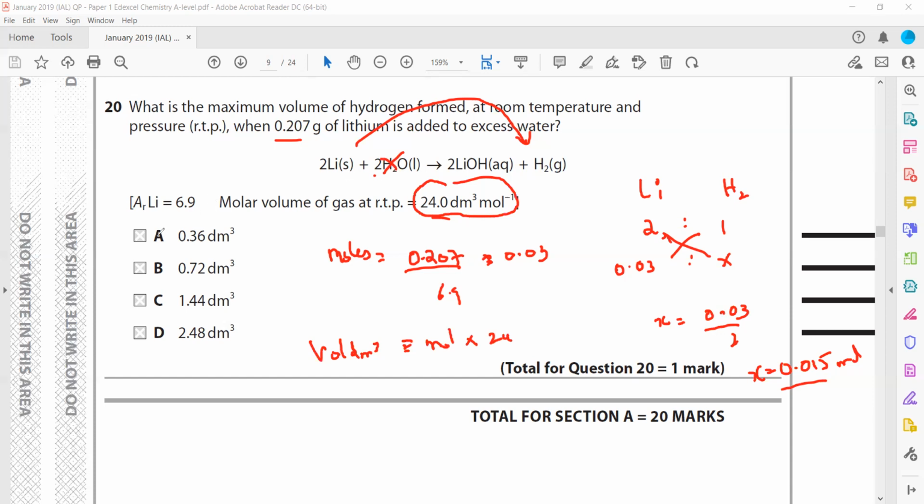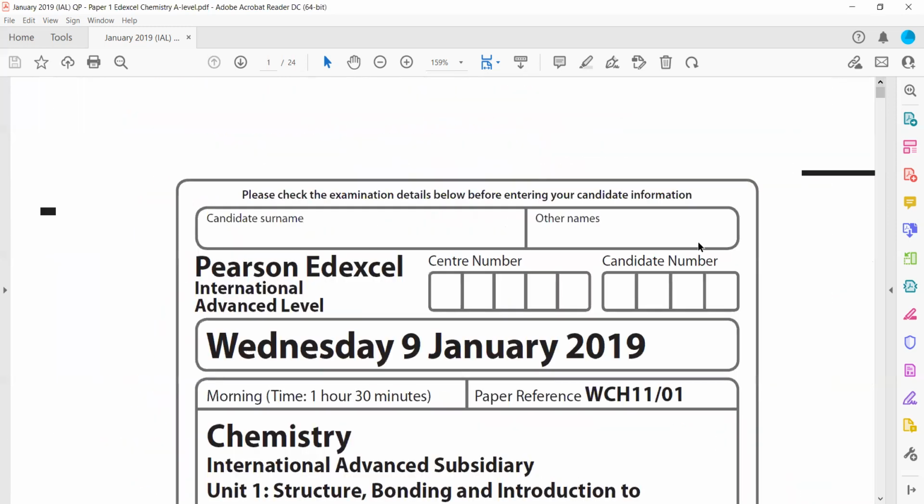So it will come out as 0.36 decimeter cube. So A will be the right answer for this. So this was the January 2019 paper from Unit 1.